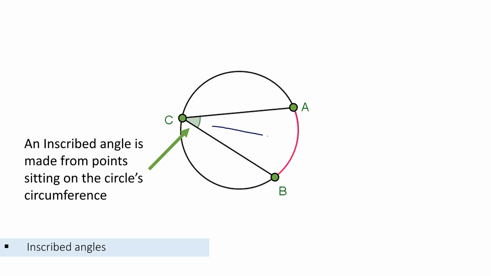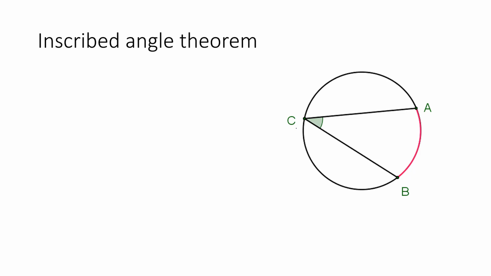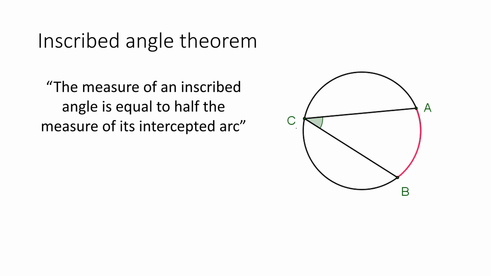Exactly in front of the inscribed angle, we have an arc formed, which in this case is arc AB, and it's called the intercepted arc. The inscribed angle theorem says the measure of an inscribed angle is equal to half the measure of its intercepted arc.